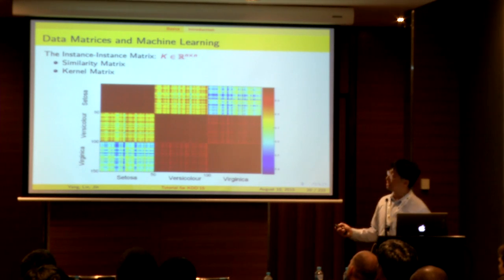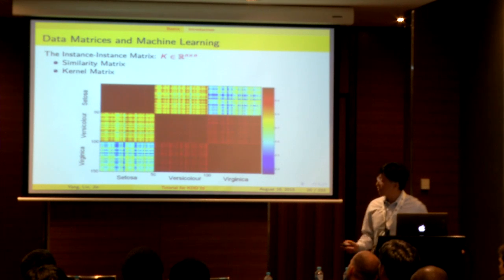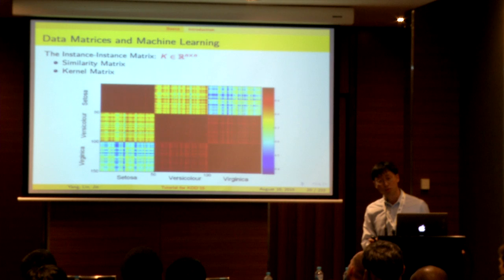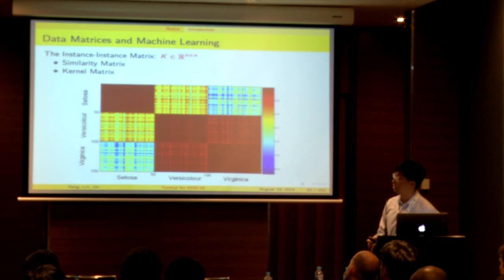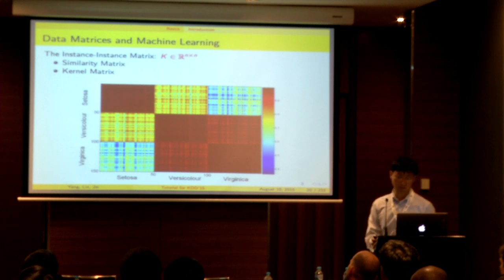For example, the similarity matrix, the kernel matrix used in kernel methods. So this picture visualizes the kernel matrix of the iris data, and you can clearly see the three-block structure for the three classes of examples.